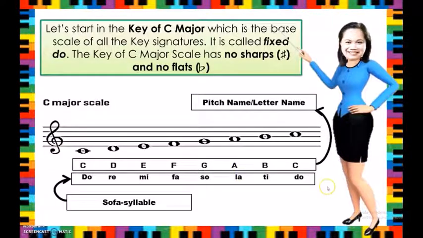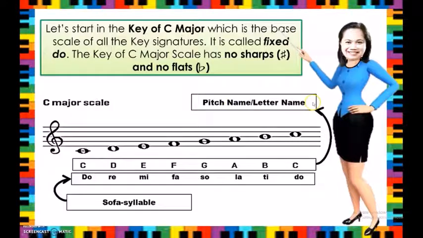So, in C major scale, we are going to use the first letter, which is C. That is why it is C major scale. After C will be D, E, F, G, then go back to letter A, B, C, D, E, F, G, and so on and so forth. These letters are called the pitch name or the letter name.